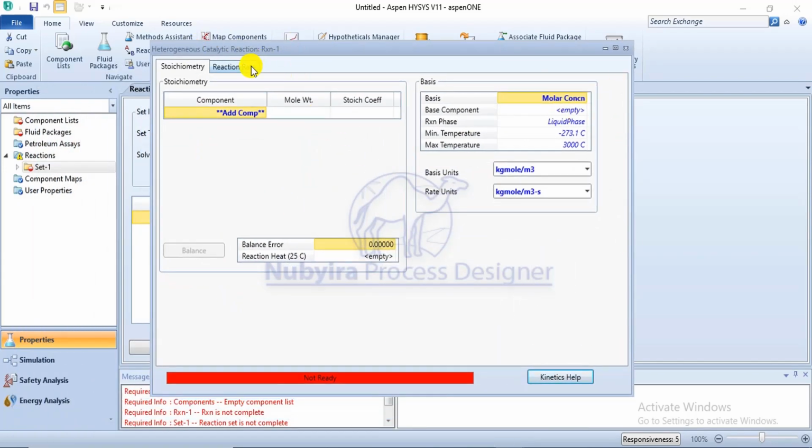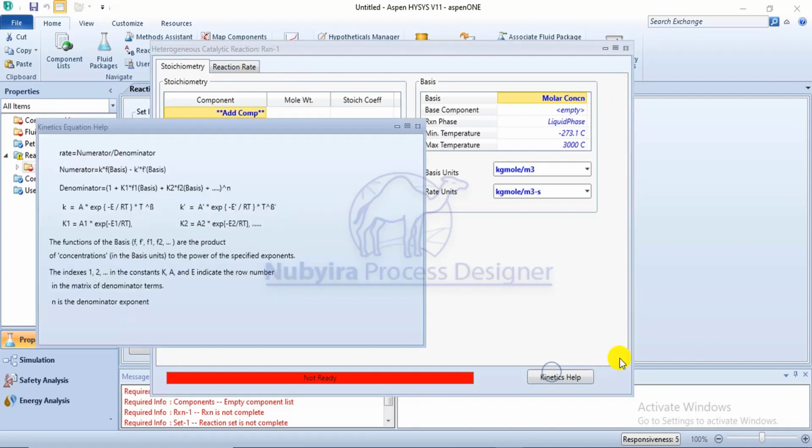So now from the kinetics help, for the numerator, you have K times F basis minus K prime times F basis. Now this K prime that is here represents the kinetics of the reverse reaction. So when you are dealing with an irreversible reaction, K prime will be equal to 0.